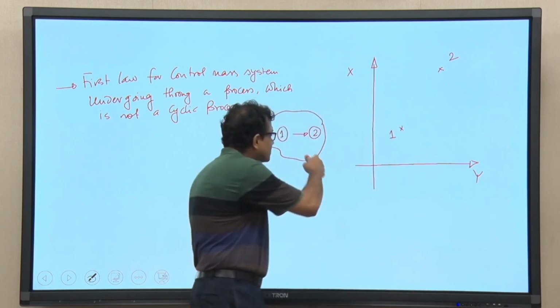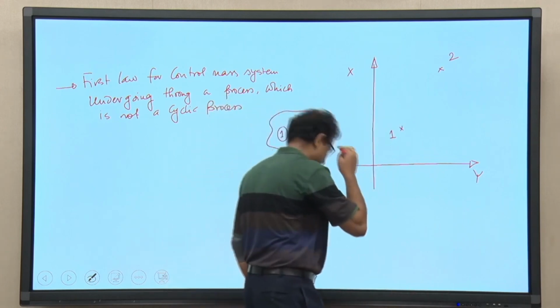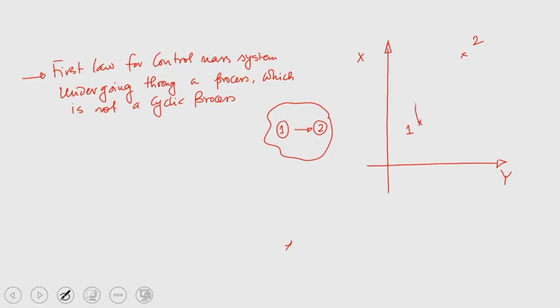Now, say the system is changing its state from 1 to 2 following this path A, and coming back to the same state following this path B. If we supply heat to the system, as I told you, it has the capability to do some work.